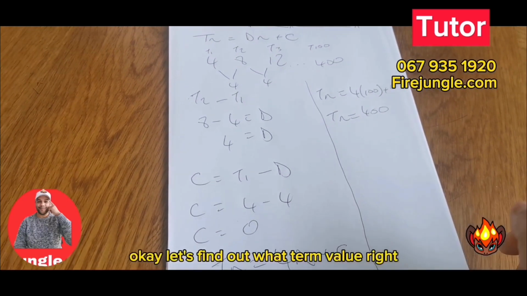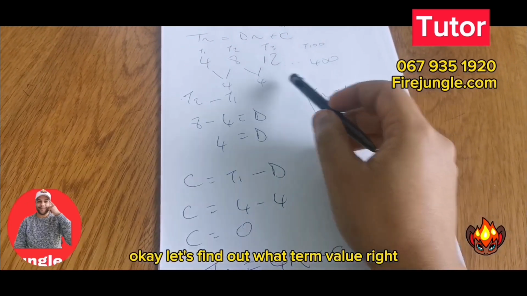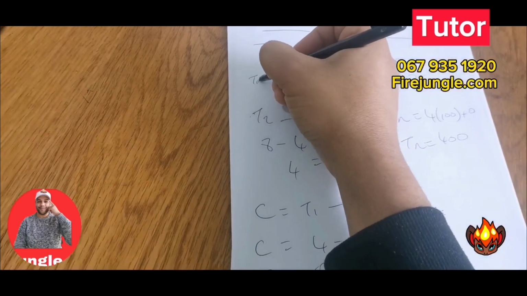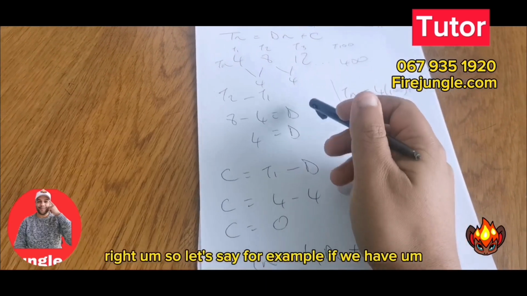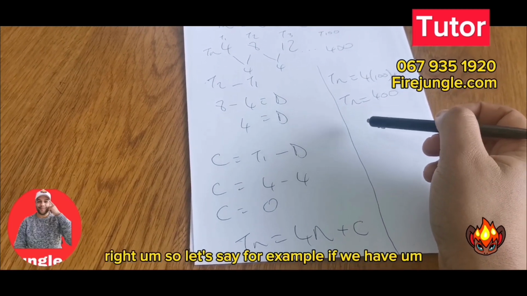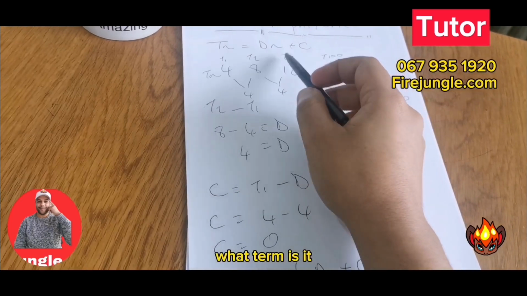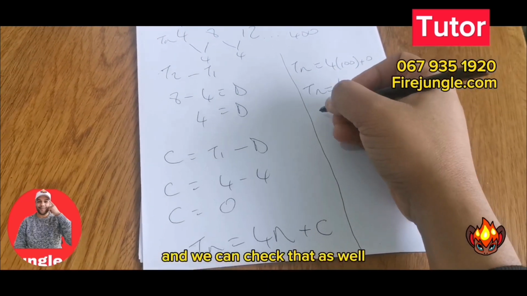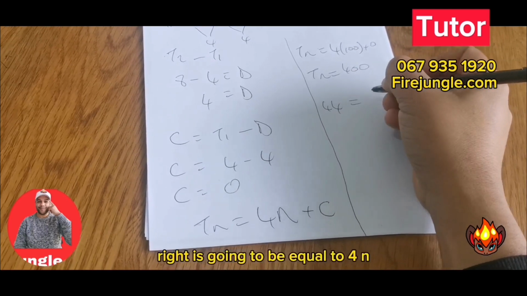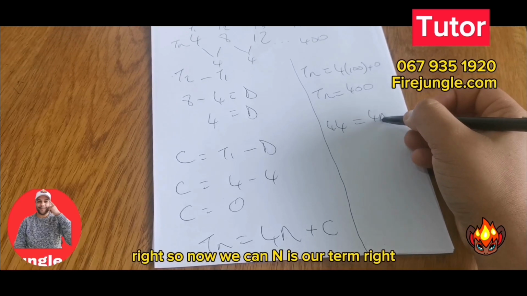Okay. Let's find out what term a given term value is. These are term values, so this is Tn. Let's say we have a term value of 44. What term is it? We can check that as well. Let's make our term value 44, which is equal to 4n plus 0, where n is our term.